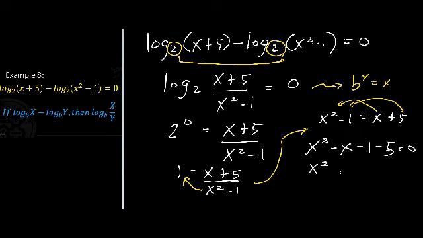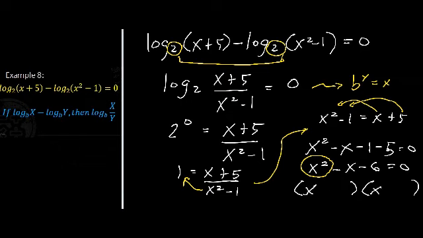So x squared minus x minus 6 is equal to 0. Then we will do our factoring. So the factor of x squared is x and x. Ang factor natin ng x squared ay x and x.